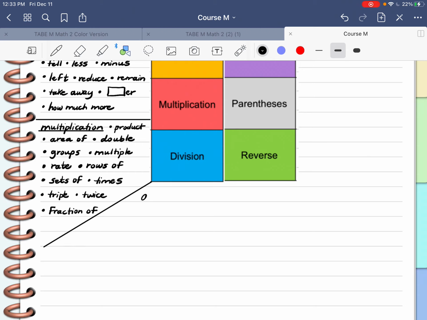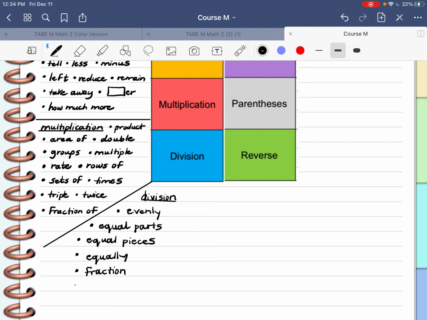And then here is division. Evenly. Equal parts. Equal pieces. Equally. Fraction. Half.